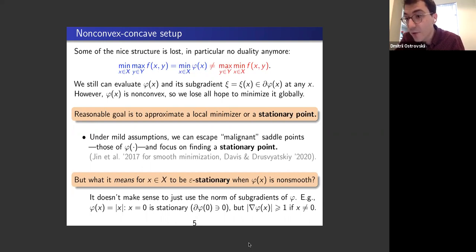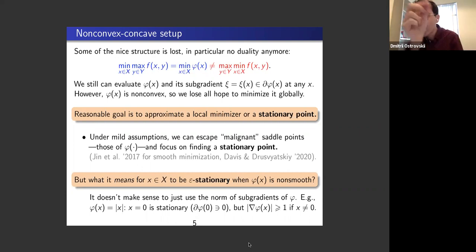But as soon as you allow for some error epsilon in the non-stationarity, so you can think, okay, I will try to find a point with the norm of the subgradient at most epsilon. Unfortunately, it doesn't work this way because of the sharpness. So for any x non-zero, the subdifferential will be a singleton, 1 or minus 1.